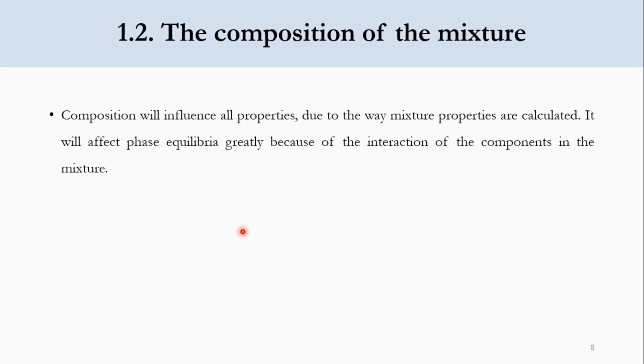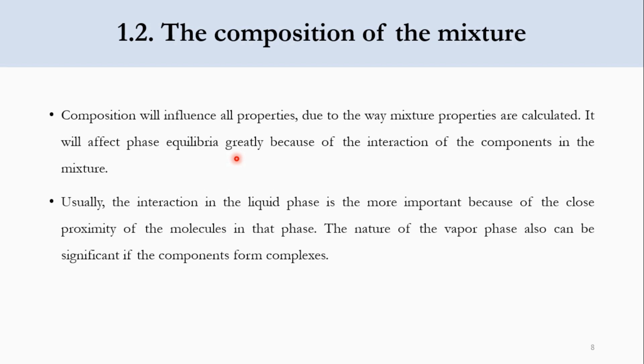Talking about the composition of the mixture: for example, if it's a methane ethane system and it is a 40-60 mixture, the properties will be different; if it is 50-50, the properties will be different. So composition will influence all properties due to the way mixture properties are calculated. It will affect phase equilibrium greatly because of the interaction of components in the mixture.